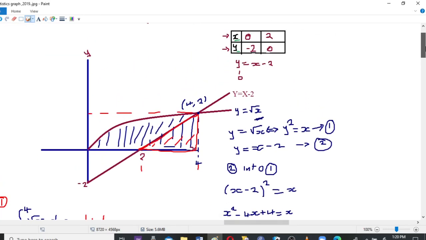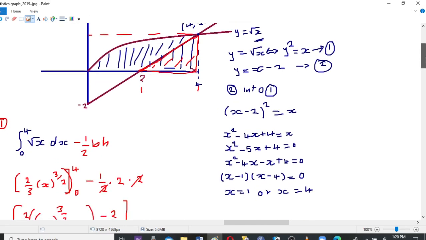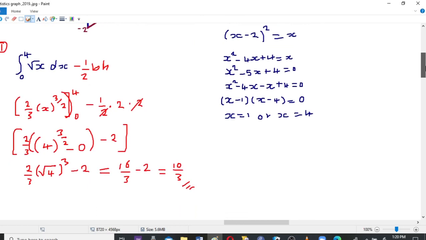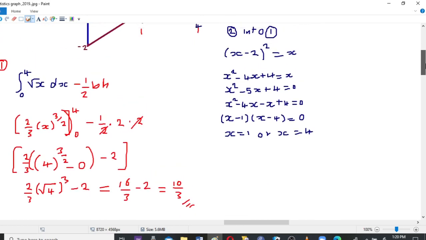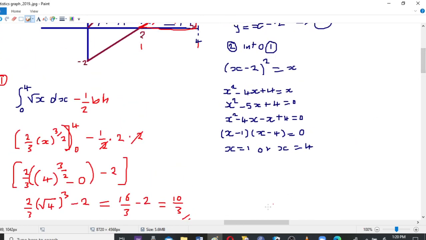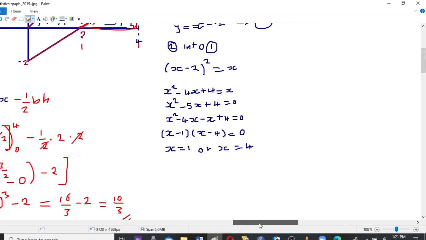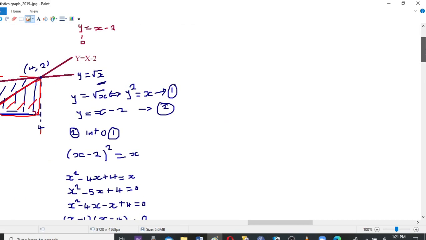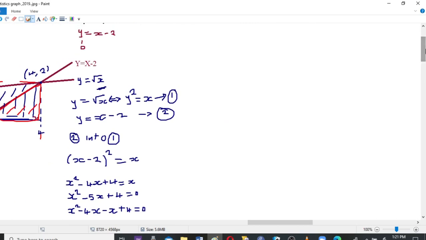Now the second method that we want to use is double integration. For double integration, that means we are going to use change of variables.